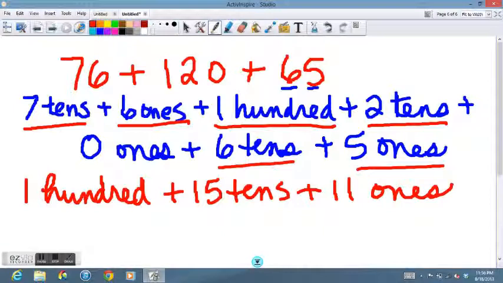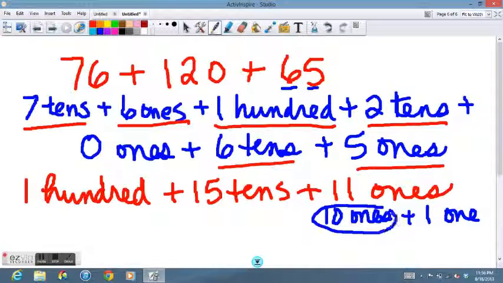Okay. Now we have to also remember before, when we try to write our final answer, that for instance, when we have 11 ones, that's actually 10 plus 1. Alright, so that's 10 ones plus 1 one. Now 10 ones is actually 1 ten.